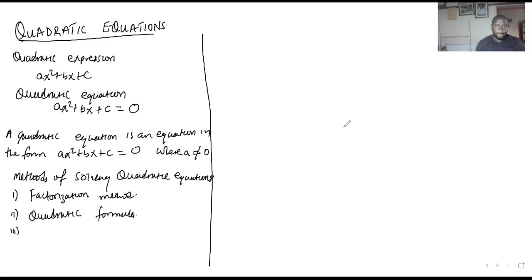Teacher, what is of squares? Completion of squares. It's called the method of completion of squares, or completing squares.